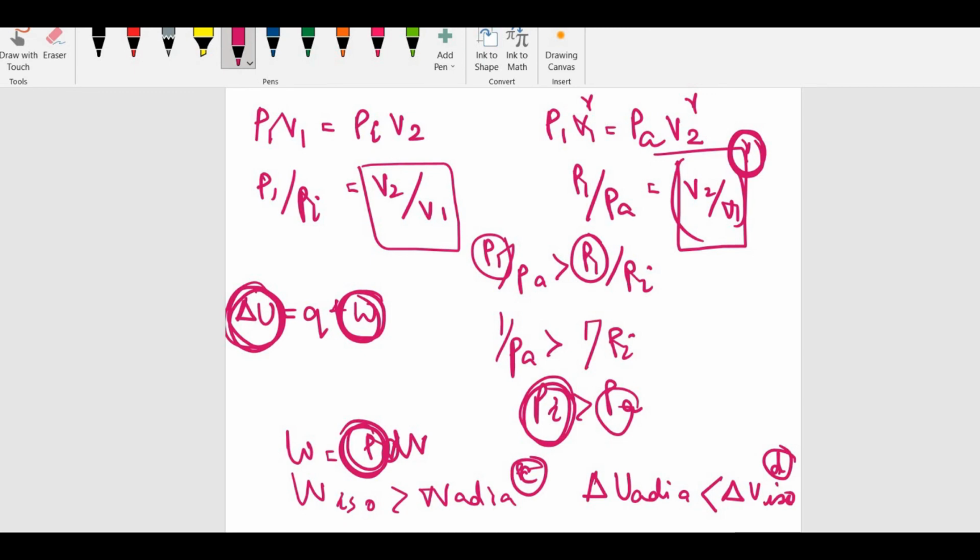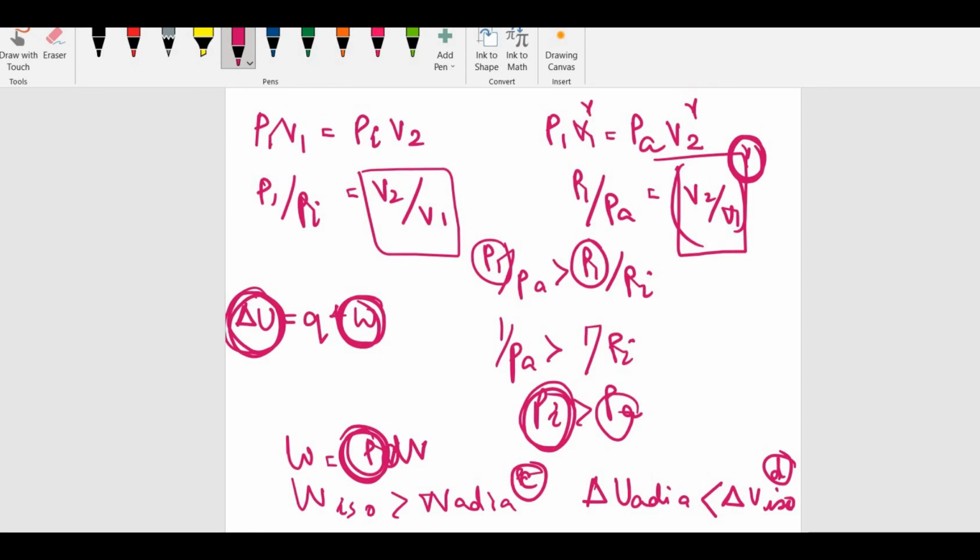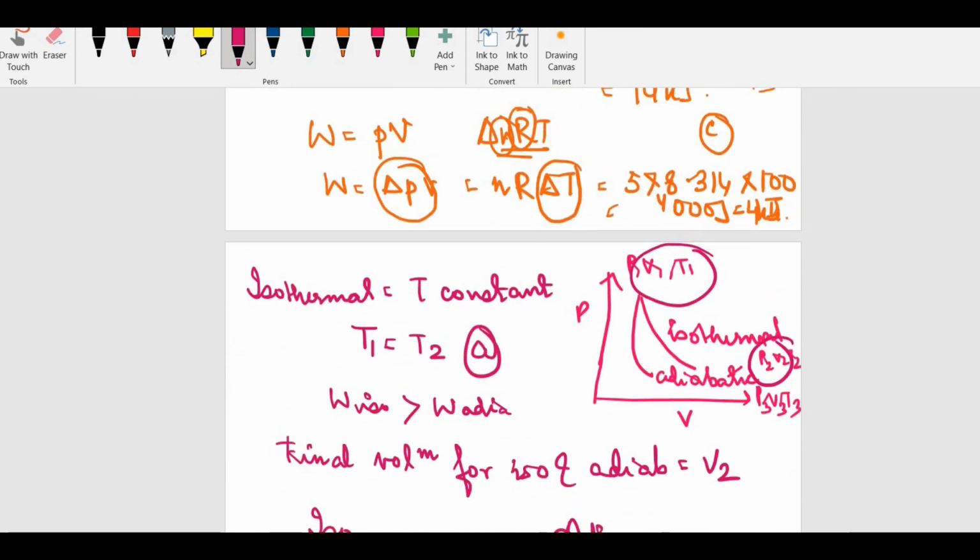Now your question might be: why is the second option not correct, which says T3 is greater than T1? For that we need to check the diagram once again. T3 is the final temperature in the adiabatic process and T1 is the initial temperature of the adiabatic process.